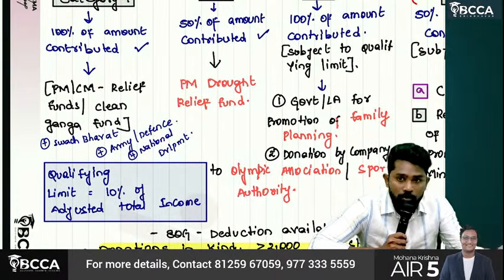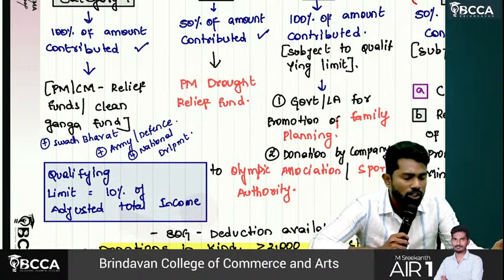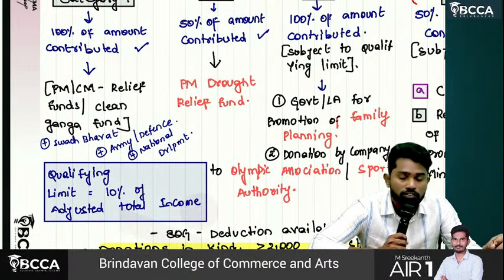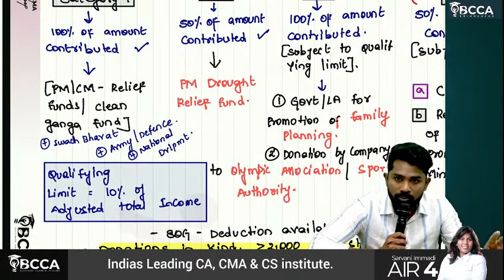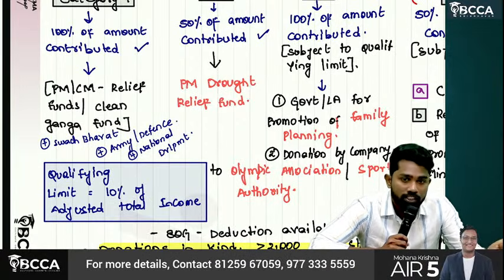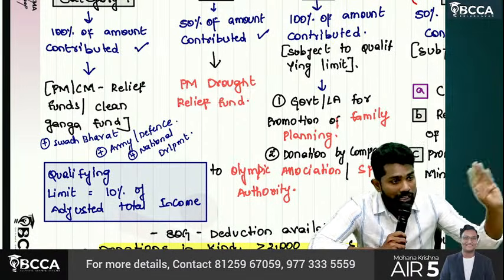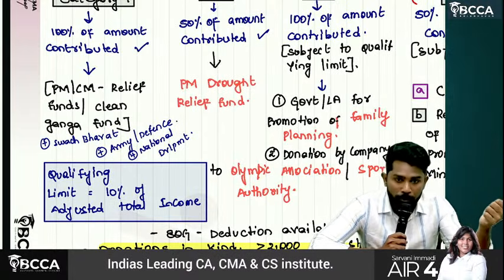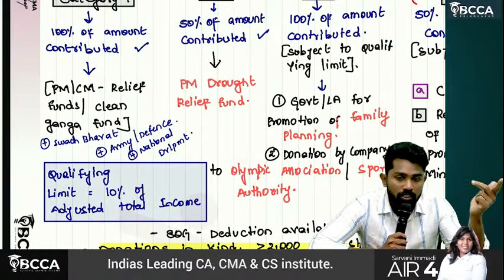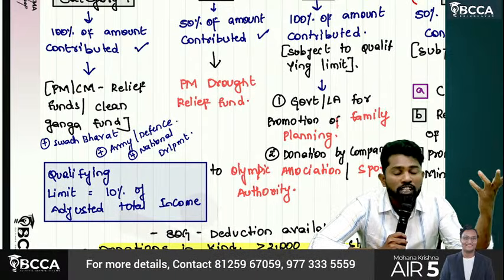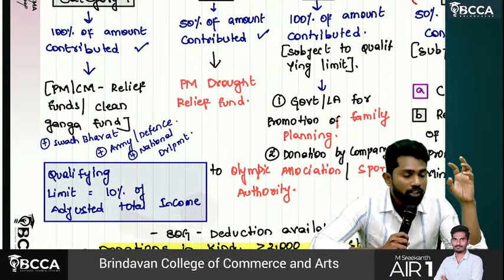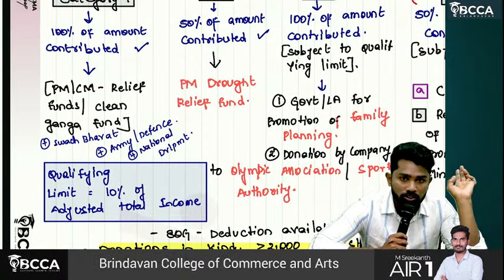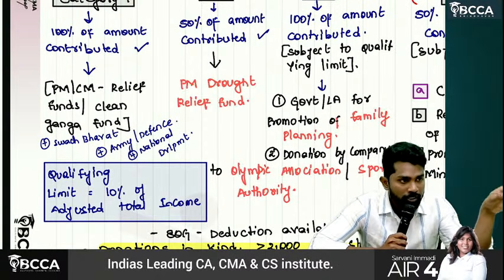One is family planning related contribution to government or local authorities or charitable institutions for family planning. The other is sports development, to the Olympic Association or any other sports authority. The last one, category 4, sir: any charitable purpose, renovation of temples, and the third one is for uplifting the interests of minorities. For all these, if any contributions are made, the respective categories are applicable.